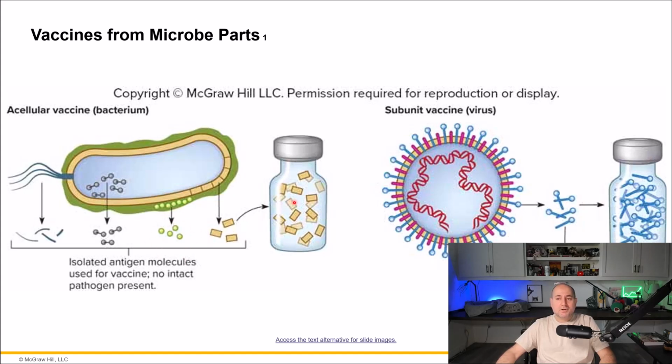So these are parts of the bacteria, not the entire bacteria. Same thing with viruses, right? Instead of injecting you with the whole virus to give you that immunity, you could get just a spike protein. So instead, you're just being inoculated with that spike protein for immunity.